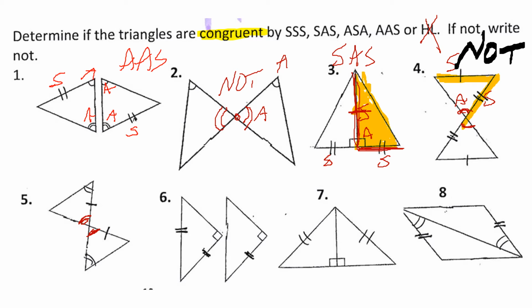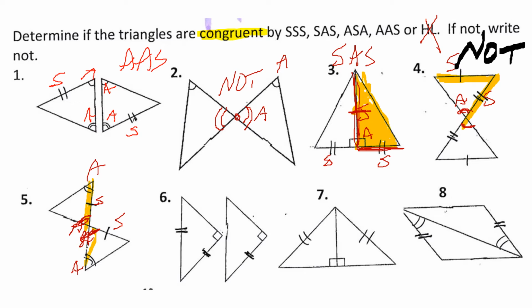All right, number 5. I got another vertical. Okay, so let's look at what's on this triangle. I see an angle. I see a side marked with the middle and another angle. And then here's an angle. Here's an angle, and here's a side over here. Now, you might be thinking, hey, that's side, angle, side.